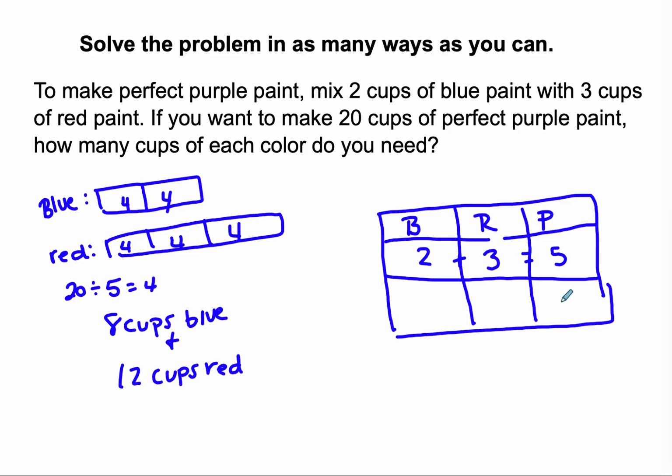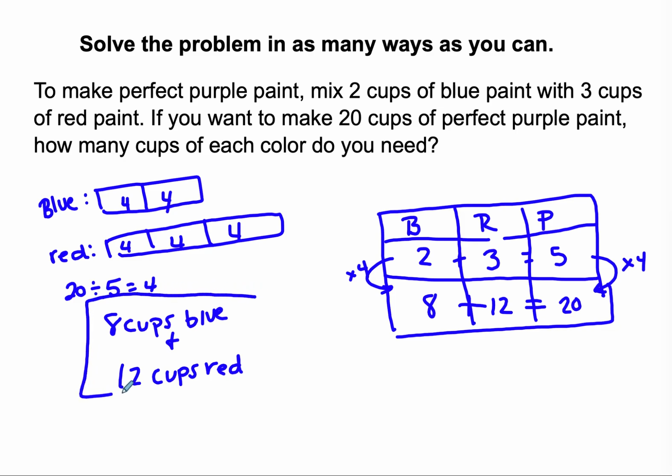And then we want to make 20 cups total. So on my ratio table, I'm going to have to multiply everything by 4. So 2 times 4 is 8. 3 times 4 is 12. And yes, when I add 8 and 12, I get 20. 8 cups blue, 12 cups red is my answer. Either way I do it.